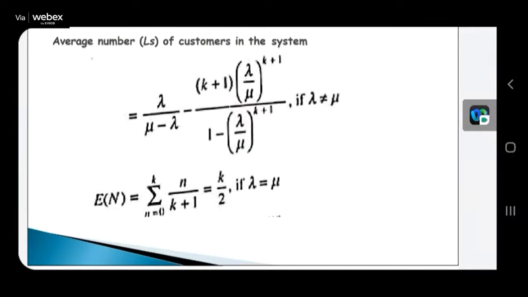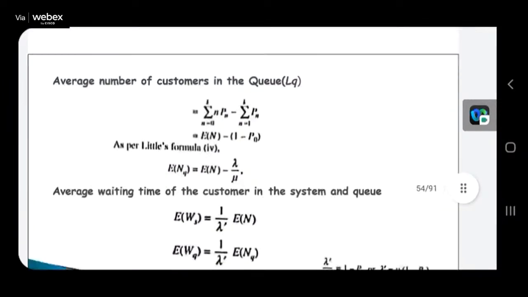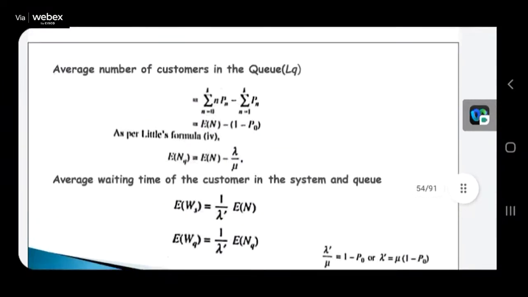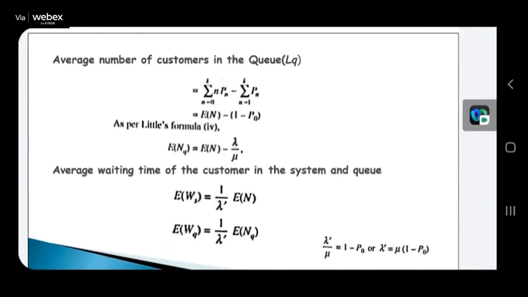Here you can just remember the formulas, because these derivations come from the difference equation; the formulas are what is majorly useful in problems. So you can take these screenshots. I'll wait for some time. Lambda dash here is called the effective arrival rate. It is equal to mu into 1 minus P naught.